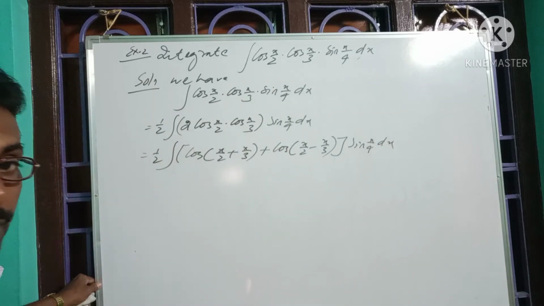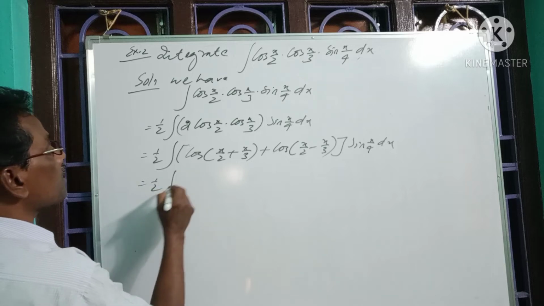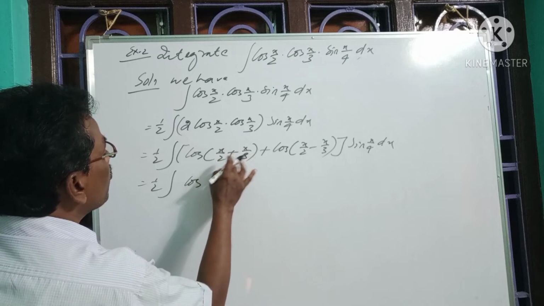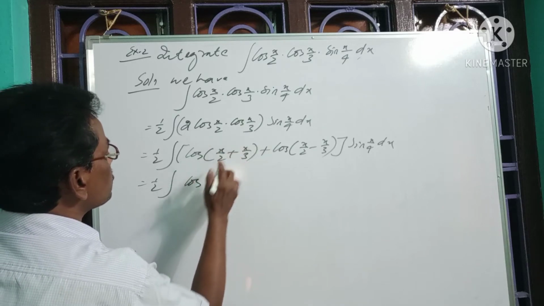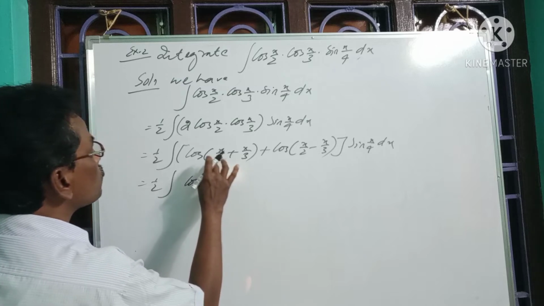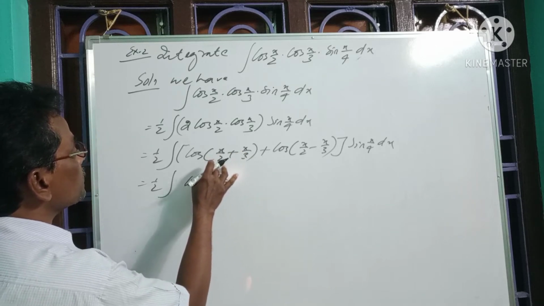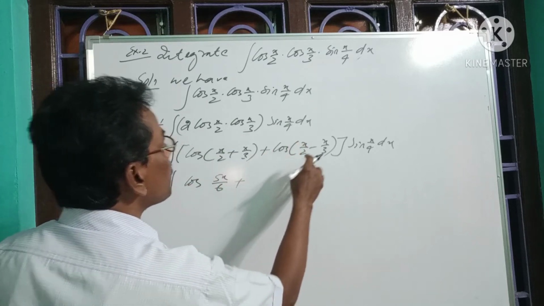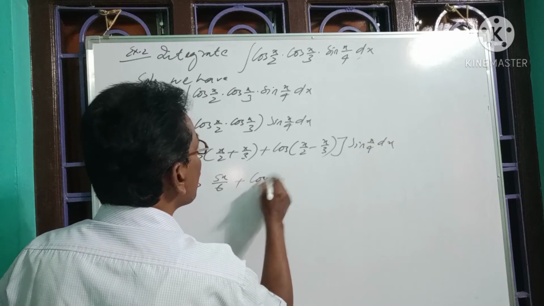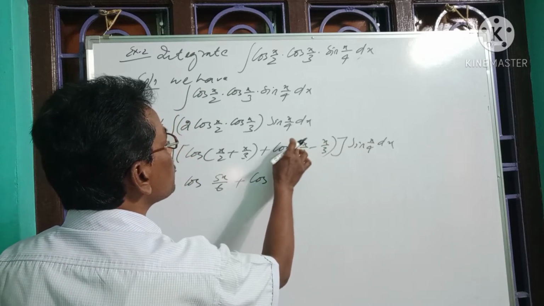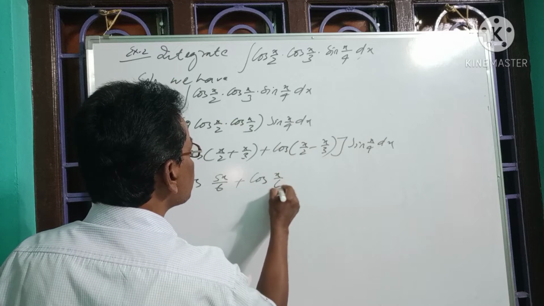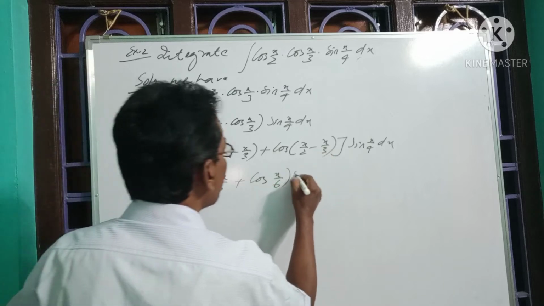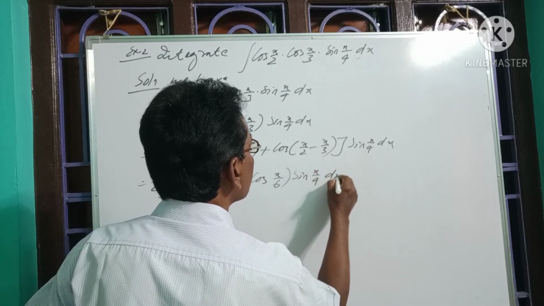So now simplifying, we have half into integration of cos of, the LCM is 6, so we have 3x plus 2x, that is 5x by 6, plus cos of x by 2 minus x by 3 will give us cos of, the LCM will be 6, and it will give 3x minus 2x, that is x by 6. So we got cos of 5x by 6 plus cos of x by 6 into sin of x by 4 with respect to x.